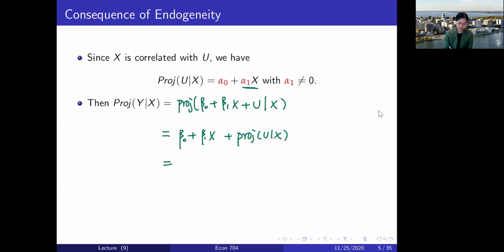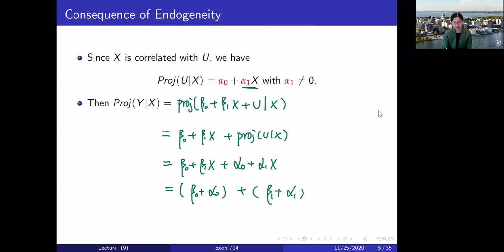And now, because the projection of u given x is no longer a constant, but instead is a linear function of x, we can write that linear function here. Now collect terms, get beta 0 plus alpha 0 plus beta 1 plus alpha 1 times x. So the projection of y on x is this linear function of x, where the projection coefficient of x is beta 1 plus alpha 1.